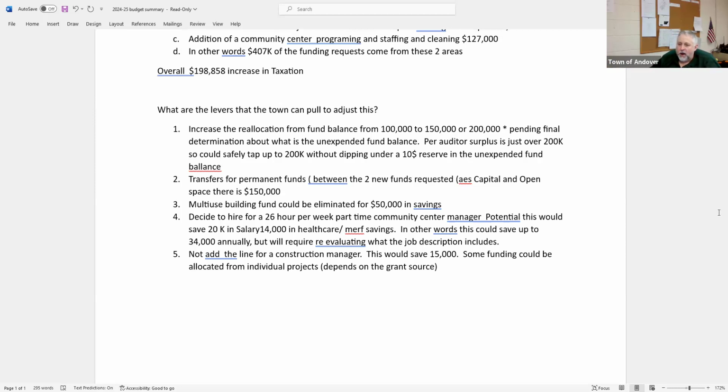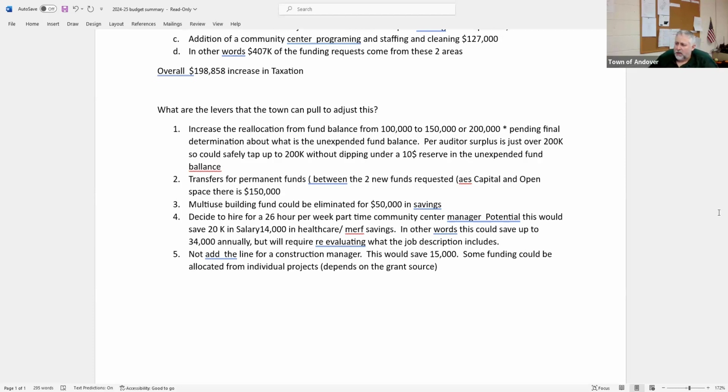Now that we have the draft audit statement, we could safely go all the way up to $200,000 and stay over the 10% minimum that the town should keep in its unexpended fund balance. So that's the first lever you could pull if you want it. But that doesn't affect spending. That's just where we get the money from.